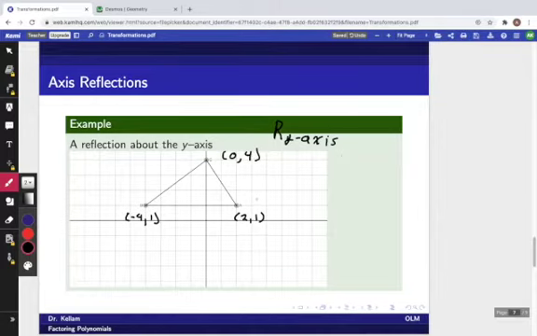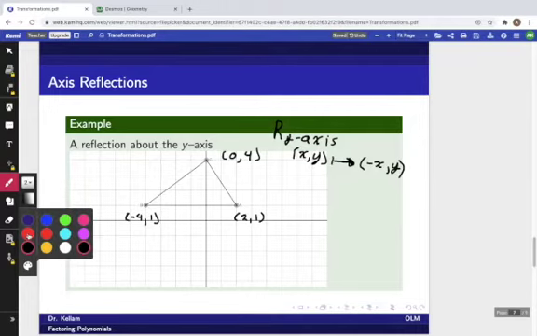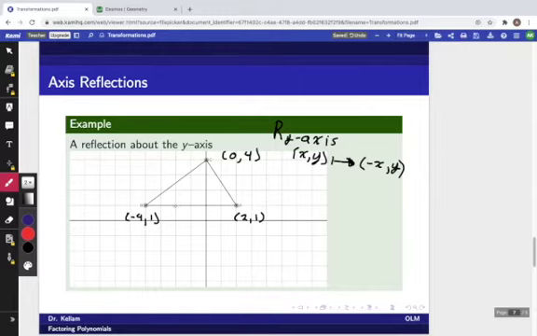So what exactly does a y-axis reflection do? Well, it takes every point x, y and sends it to the point negative x, y. And that is exactly what we are going to do here. If I make this negative, that's going to be negative 2, 1. So that is my A prime.